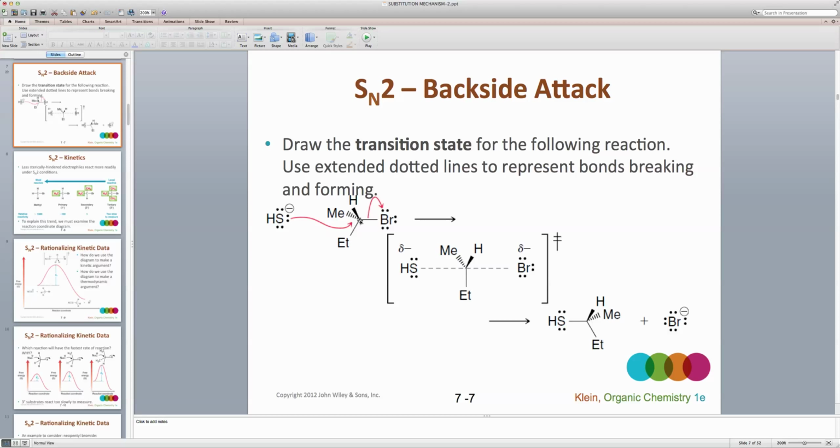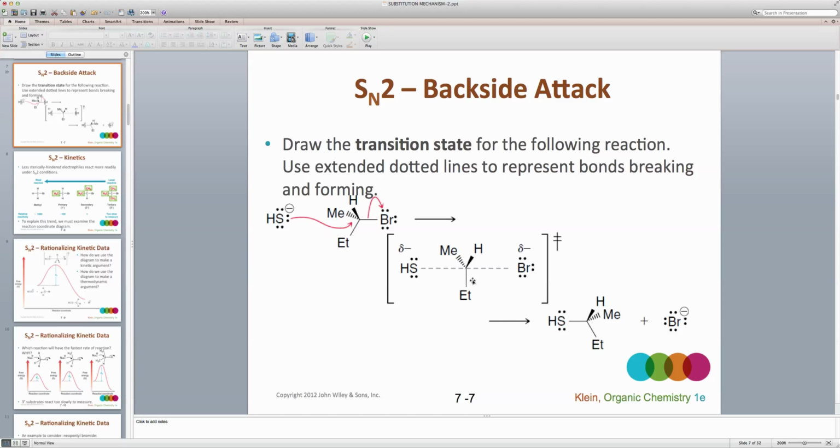In other words, we have a tetrahedral geometry in reactants, but we have a trigonal bipyramidal adoption in the transition state. This is a pentavalent carbon transition state.